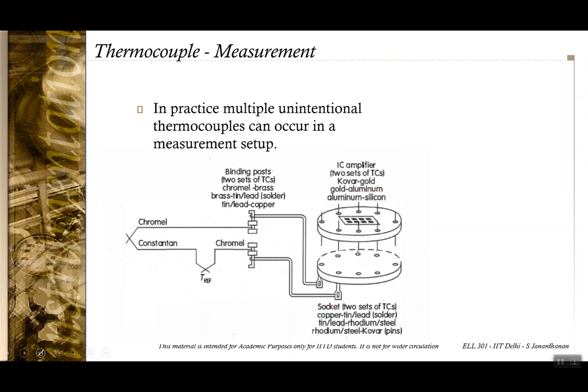You see that there are two junctions here, and there are two more junctions here. And what is the effect of this? Now, if these junction temperatures are not coordinated properly, probably there can be some error. Let's see how that may affect.